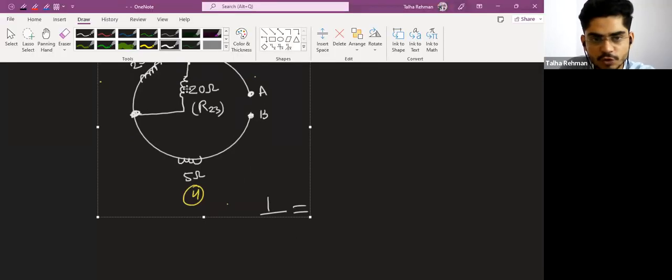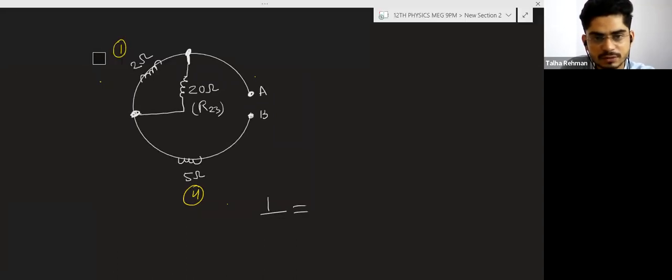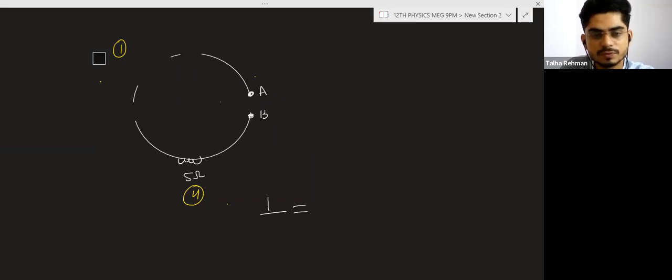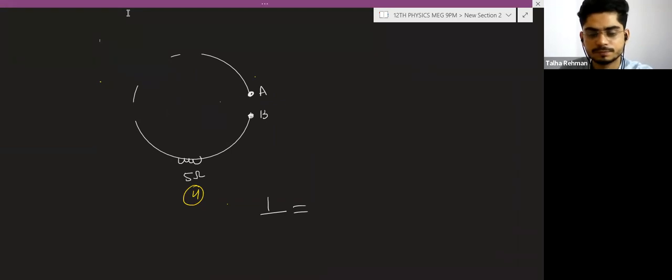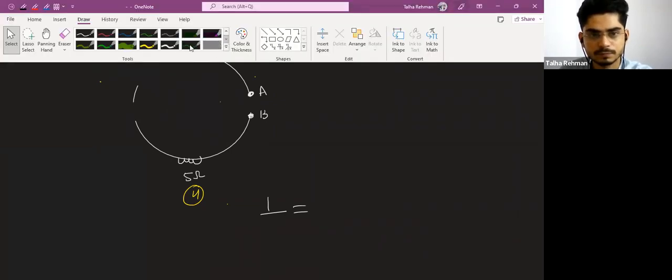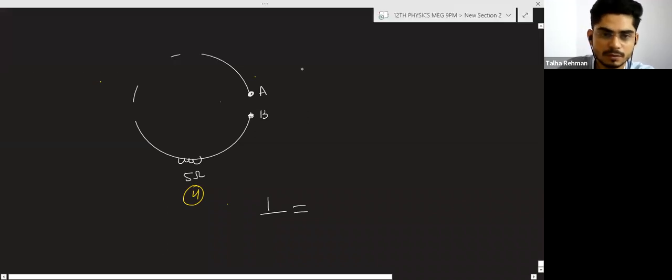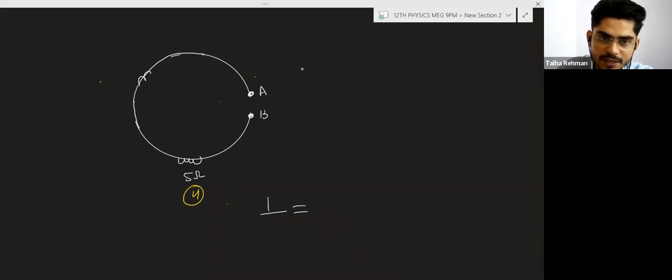Instead of this 20 ohm and 2 ohm, we will use a 20 by 11 ohm resistance only. This was the connection. Now we have a single resistance of 20 by 11 ohm and a resistance of 5 ohm.